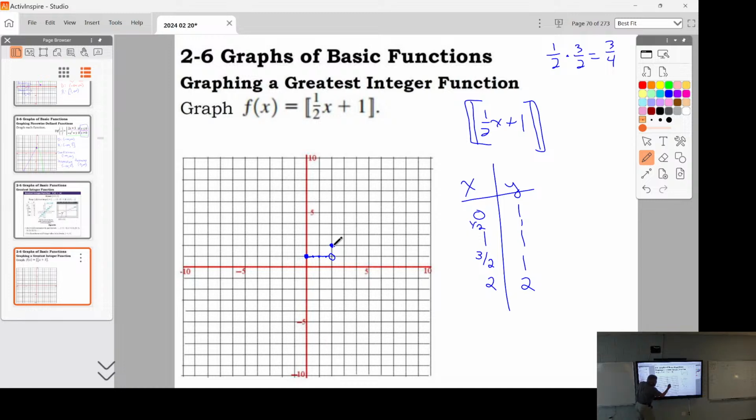And then it's going to stay. It looks like 2 spots there, open circle, and then it's going to jump up. And then it's going to stay, and then it's going to jump up. And I can do this backwards. I can jump down and go back.